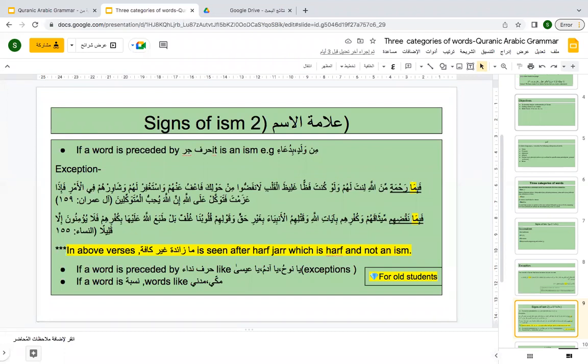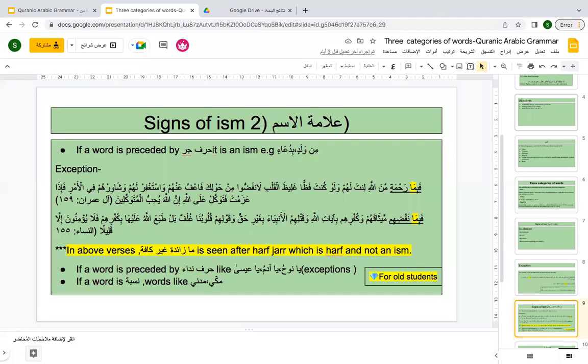Those huruf are called huruf-e-jar. For new students, it is not important to learn this word by heart, but if you can only note that there will be certain particles, if they are before your word, it is likely going to be an ism.